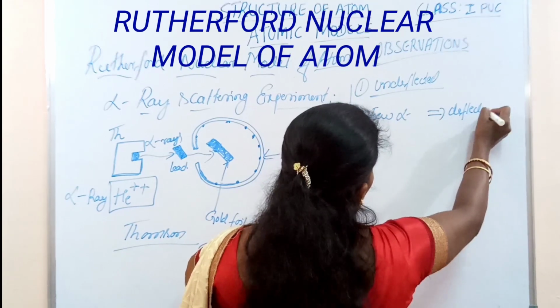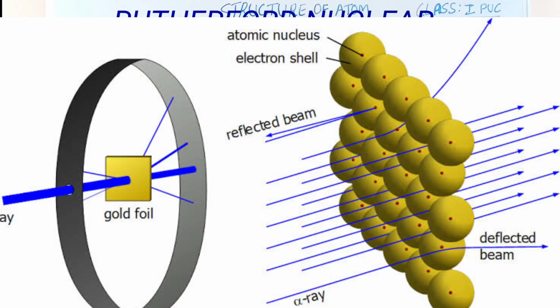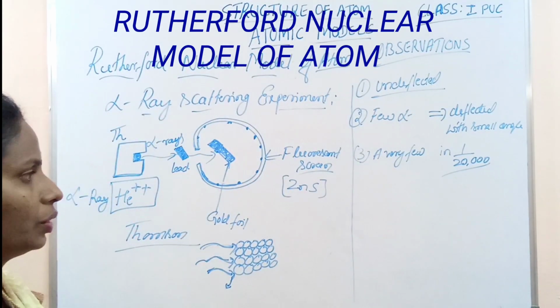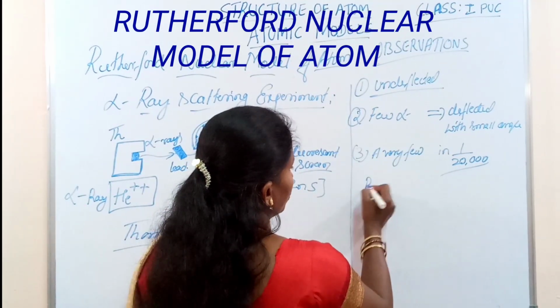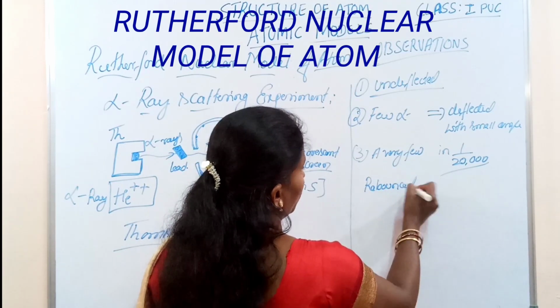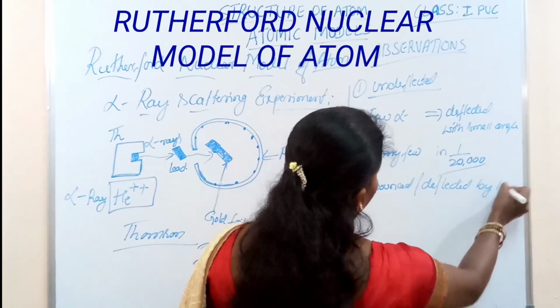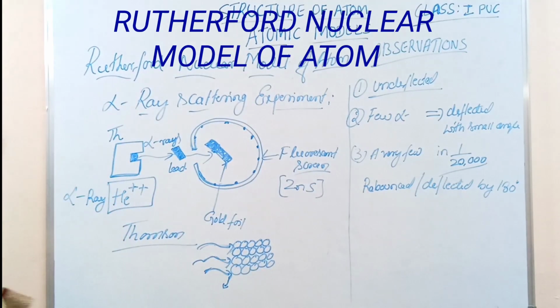And third, a very few alpha particles, that is 1 in 20,000, rebound, that is, they are deflected by an angle of 180 degrees.